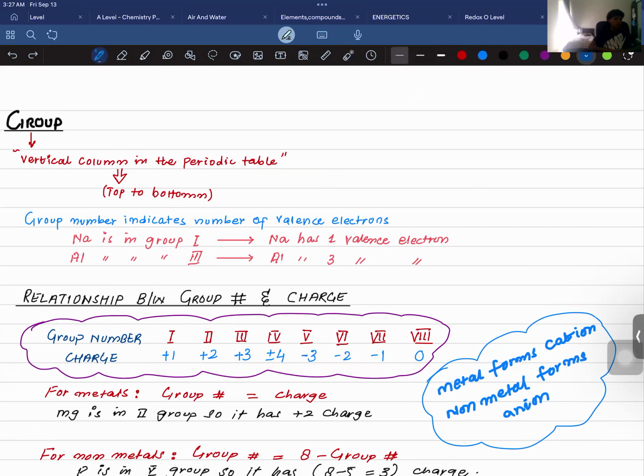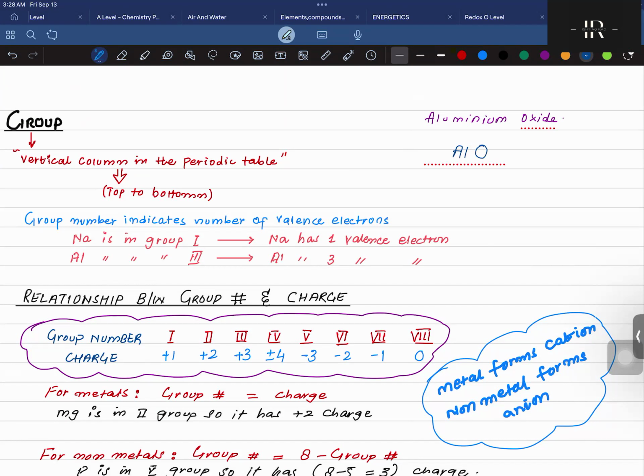So let me apply this. This is aluminium oxide. Aluminium is Al. Oxide is oxygen.